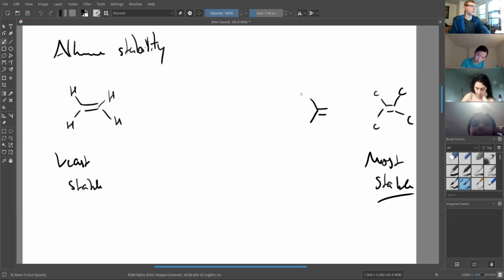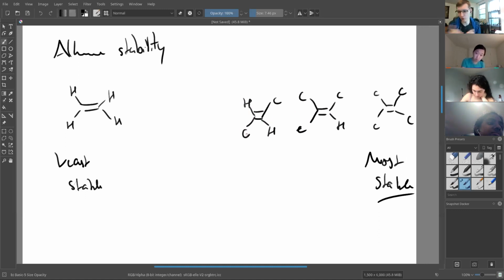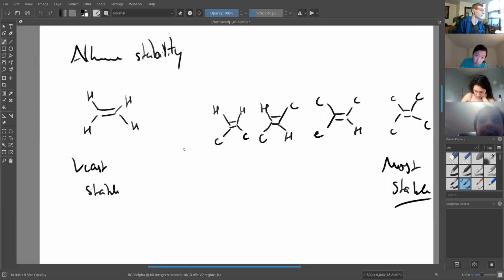Okay, so we have these, and then we could have one hydrogen on there. Then if we have two hydrogens, a trans double bond is the best because we still have two carbons, but they're not bumping into each other. And we could take a cis double bond that we can live with.